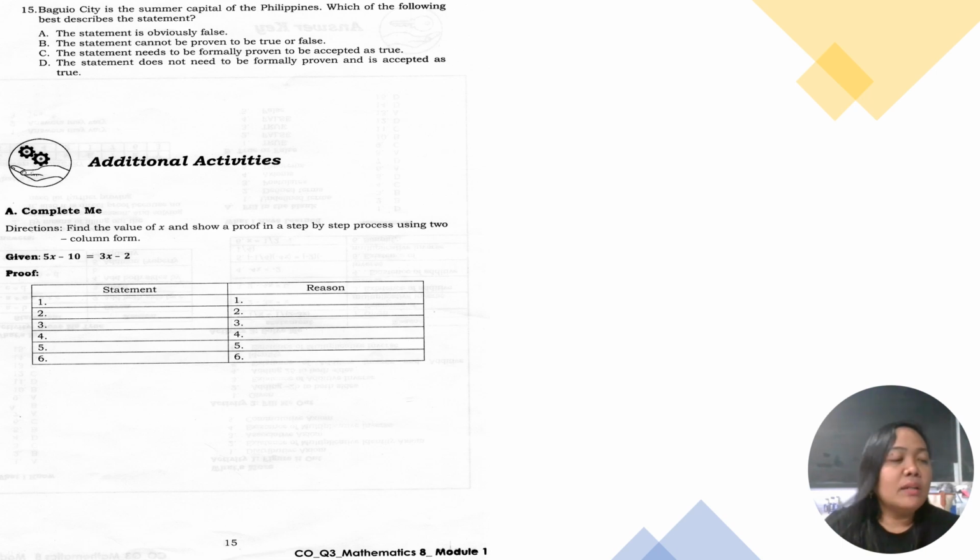Only one activity, letter A, Complete Me. Here's what you're going to do. Find the value of x and show a proof in a step-by-step process using two-column form. Given 5x minus 10 equals 3x minus 2.